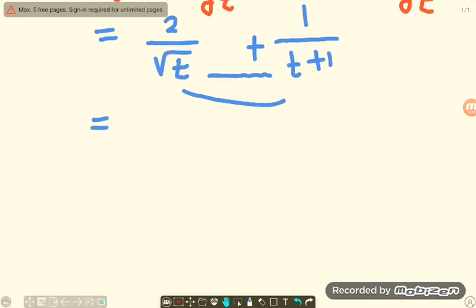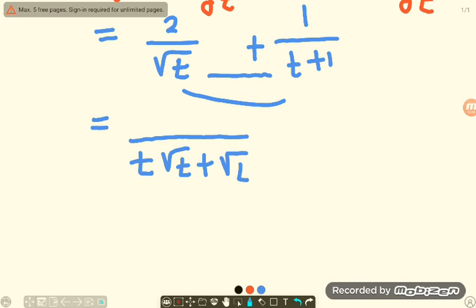Okay, here we go. Root of t multiplied by t, well, that would just be t times root of t, plus root of t.